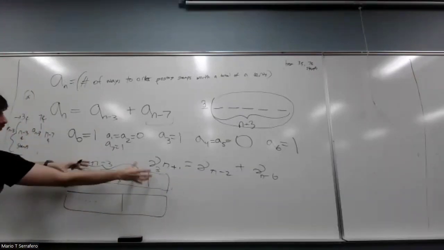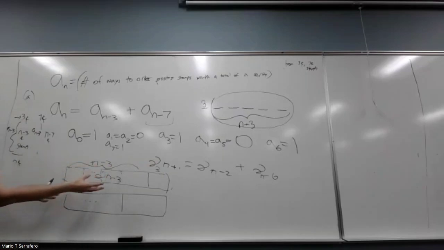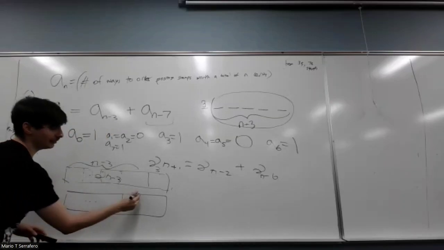For this situation, it will be a sub n minus 3. Because for each of the combinations that a sub n minus 3 counts, I can add 3 at the end and get a new one that sums to n. Yeah. Yes, and in fact, this is another example of the sum rule. Yeah. Yes. And then we do the same for this one.